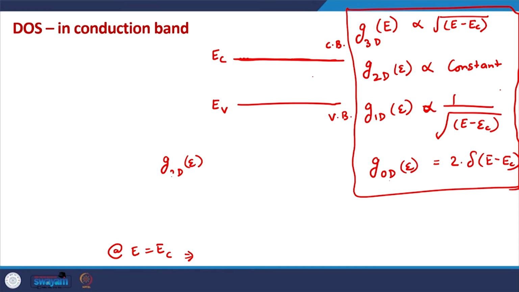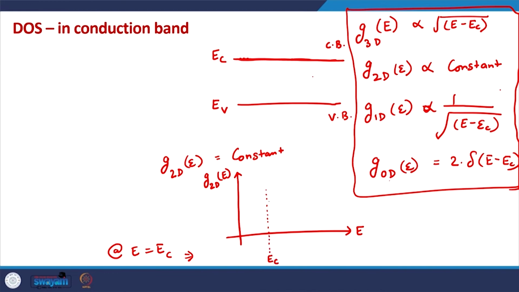A 2D density of state in the conduction band will be constant. So, if we plot the density of states, it will be a constant function starting from the bottom of the conduction band. It will be a function like this.